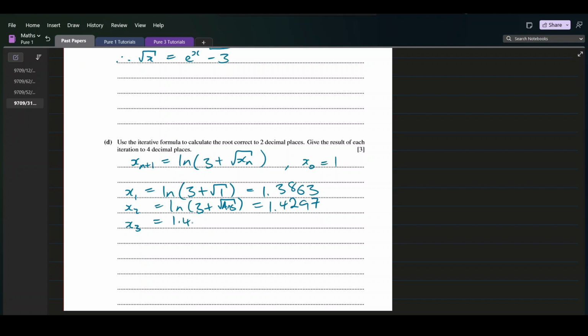So that's 1.4341 correct to 4 decimal places. And if we actually give this to 2 decimal places, you notice that this is 1.43 and that is also 1.43 correct to 2 decimal places. So we can conclude that the root is 1.43, and this would be our final answer.